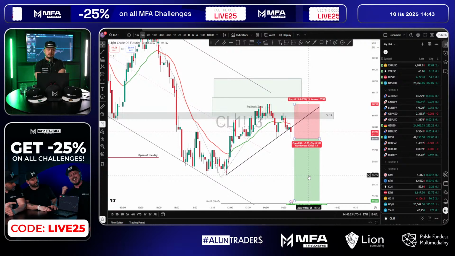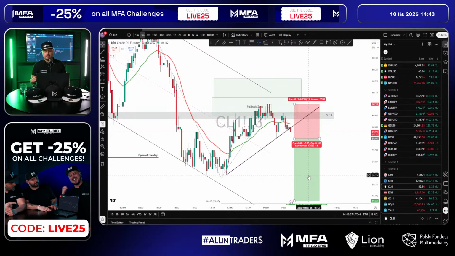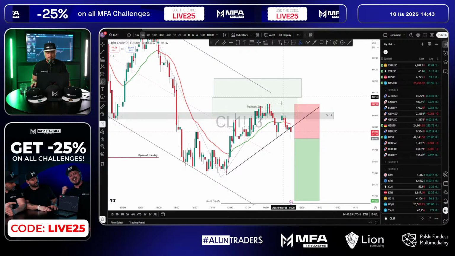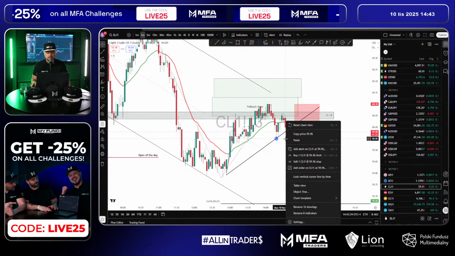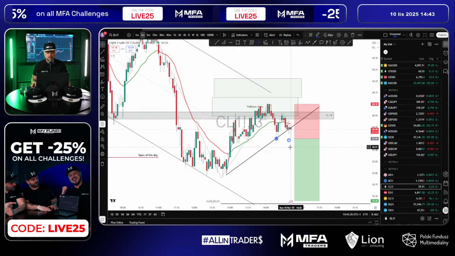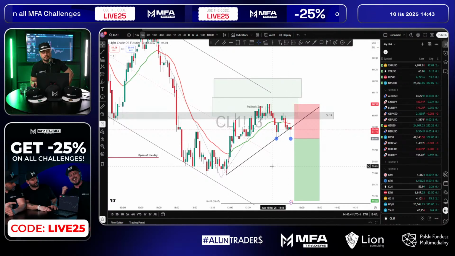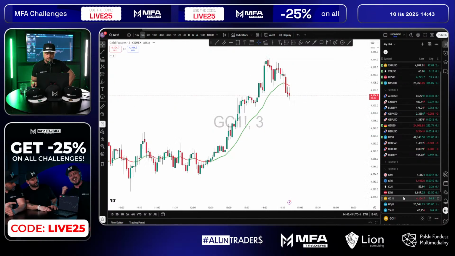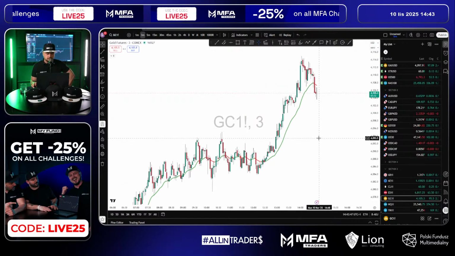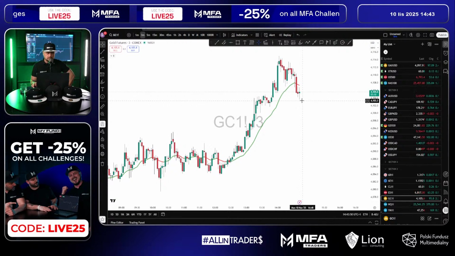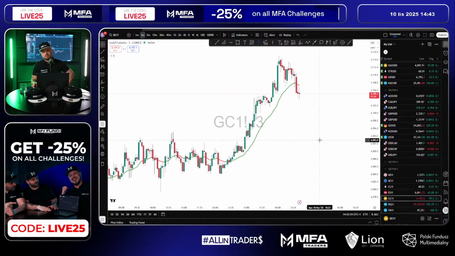We need one candle. Another double bottom. Double bottom. Okay, gold, not yet.